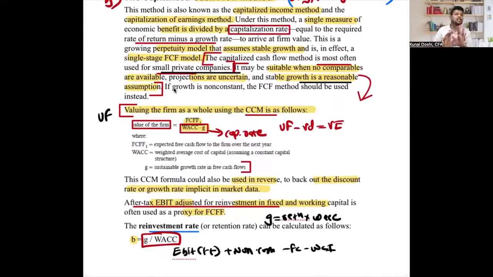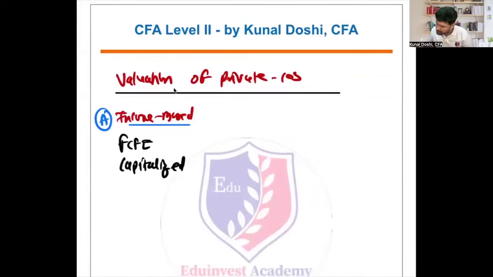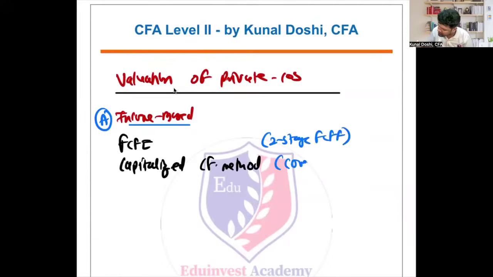So the free cash flow method is like a two-stage FCFF. The capitalized cash flow is a constant growth FCFF model. No difference. It's exactly the same. This is two-stage or multi-stage. This capitalized cash flow is a constant growth model. But the third model is similar to the residual income approach, which is called the excess earnings method.